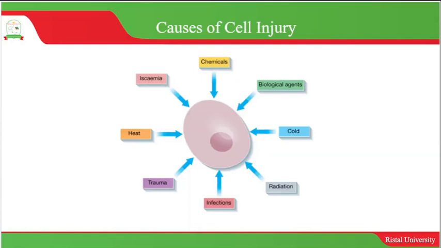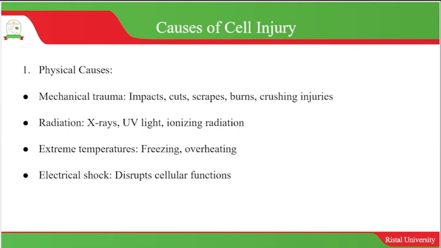And in details, we are saying these causes that we have talked about can be classified as either physical causes, and these physical causes include mechanical trauma. This mechanical trauma impacts force and tear to the normal state of the cells.